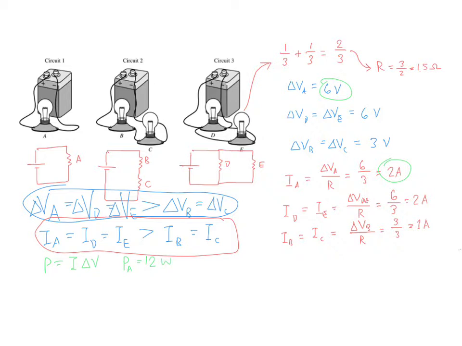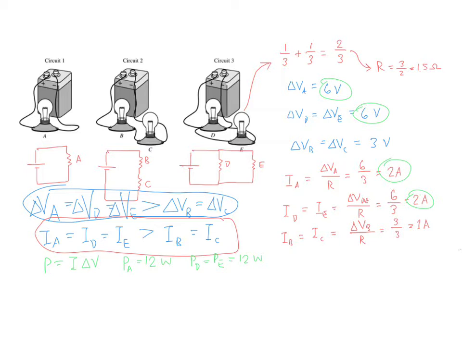If we do the next one, let's go ahead to D and E, since we know they're going to be ranked equally. That is, D and E have 6 volts across them, and also 2 amps across each one of those. So we can say the power of light bulb D and the power of light bulb E are also equal to 12 watts.